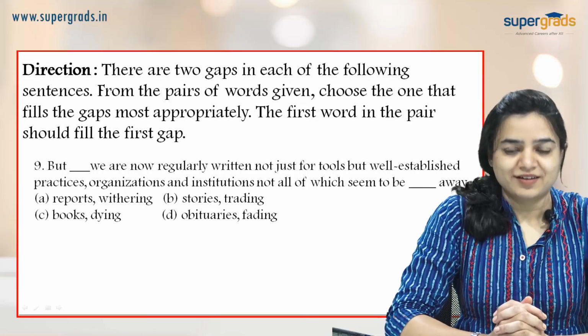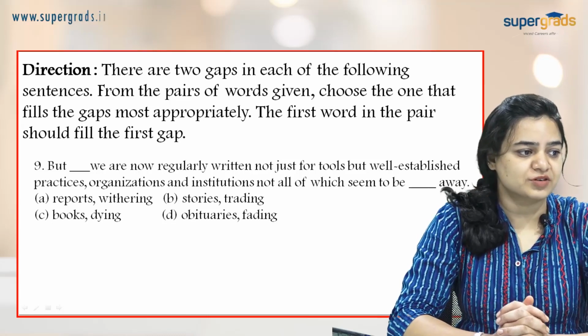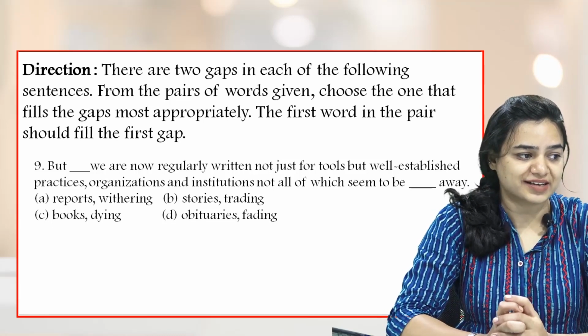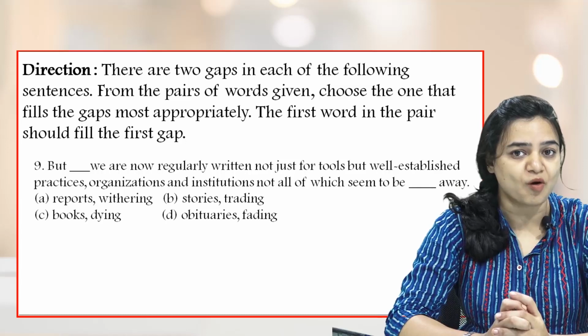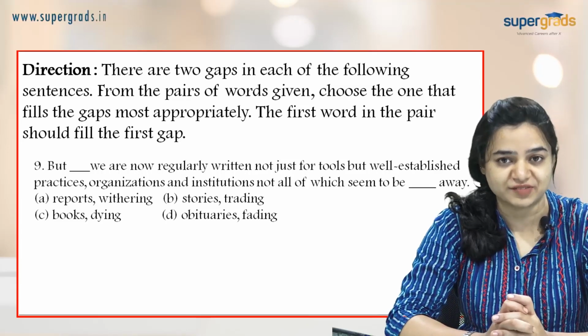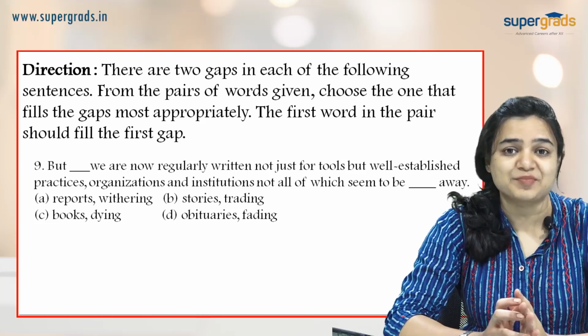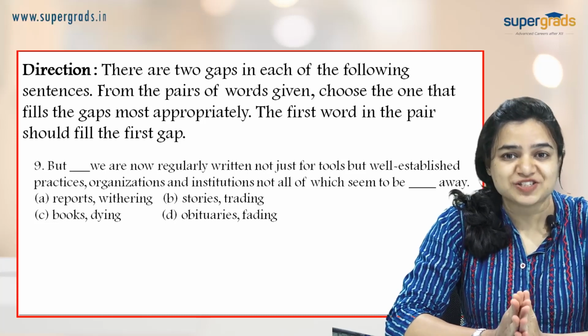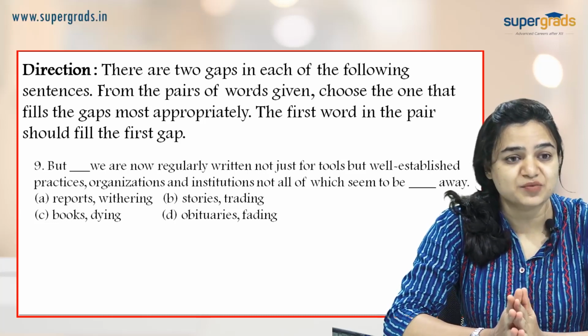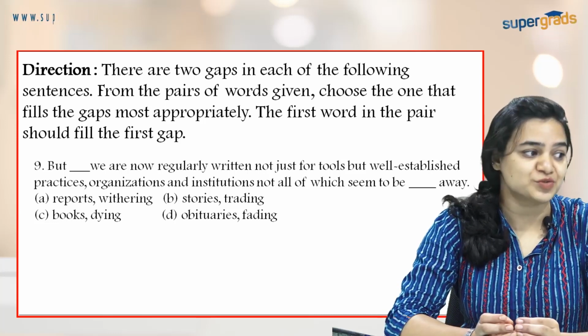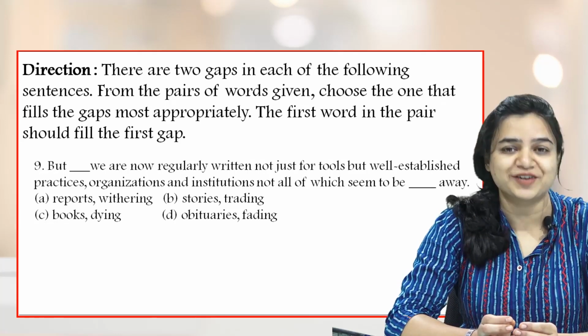Question number 9. Now here we are talking about tools and practices and organizations, but all of those are fading away. They don't seem alive anymore. And that is our biggest hint, because in such cases, when somebody has passed away, you don't write stories, you do not write reports, you write obituaries.